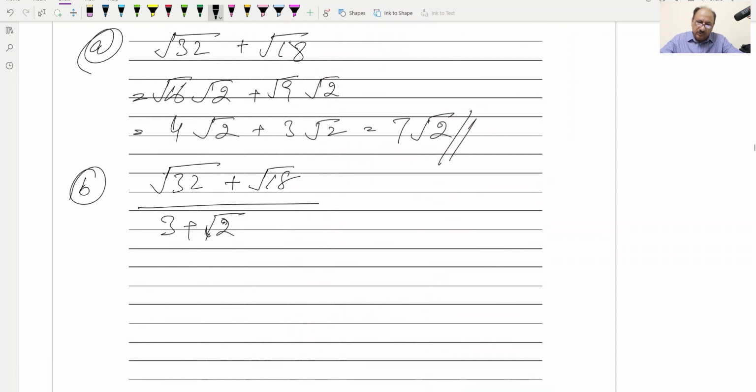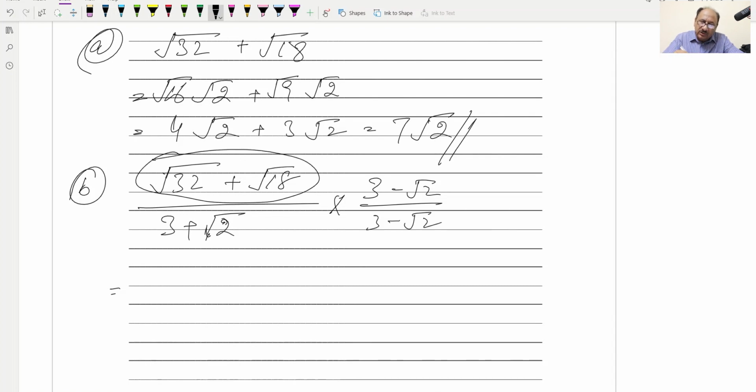Now what we can do, we can rationalize, and for rationalization I will write 3 minus under root 2 over 3 minus under root 2, and this we can basically rewrite. This is the numerator.